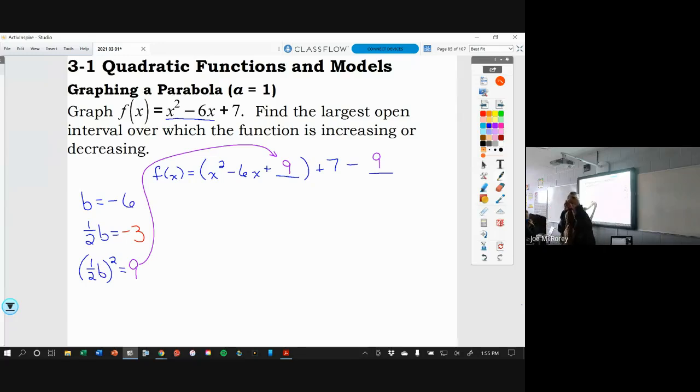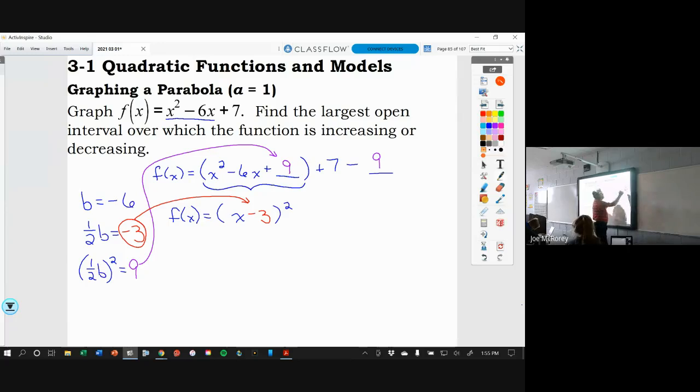Because I was very specific in choosing that 9, I made that a perfect square. This trinomial factors into (x minus something) squared. What's the something? It's half of b, which is -3.